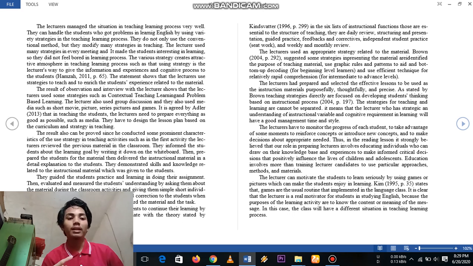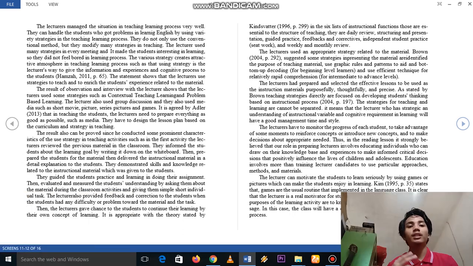Strategies for teaching and learning are inseparable. It means that a lecturer who has a strategic understanding of what students like and dislike will have a good time and management style. Lecturers can motivate students to learn seriously using games or pictures so that students are happy and do not feel bored with the learning.